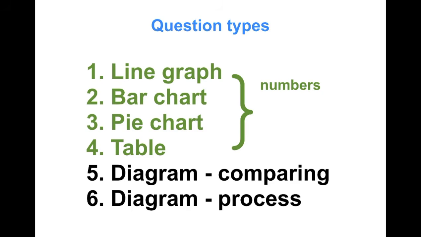People often ask me, is there some special language that I need to know for pie charts or for tables? The answer is no. There's no special language. The language for those 4 types is exactly the same. It's number language, and the only things you have to do really are 3 things. You might have to describe one number, or for more than one number you might have to compare, so you need some comparing language.